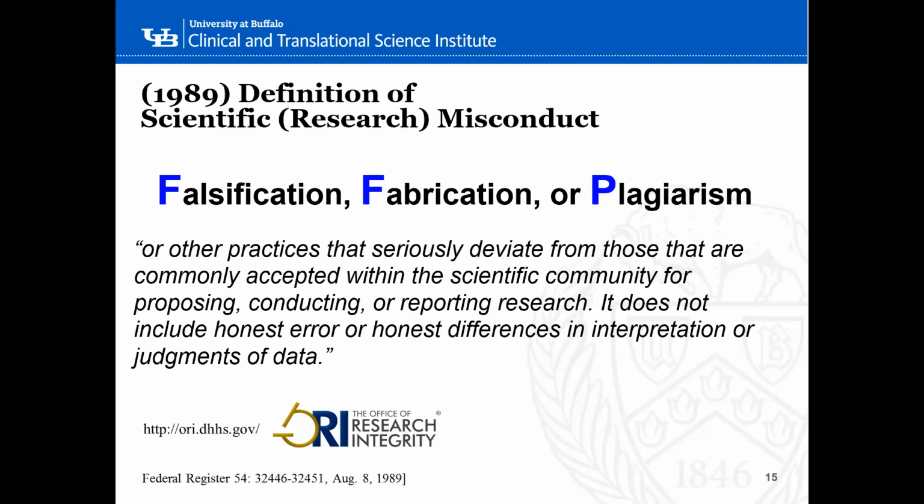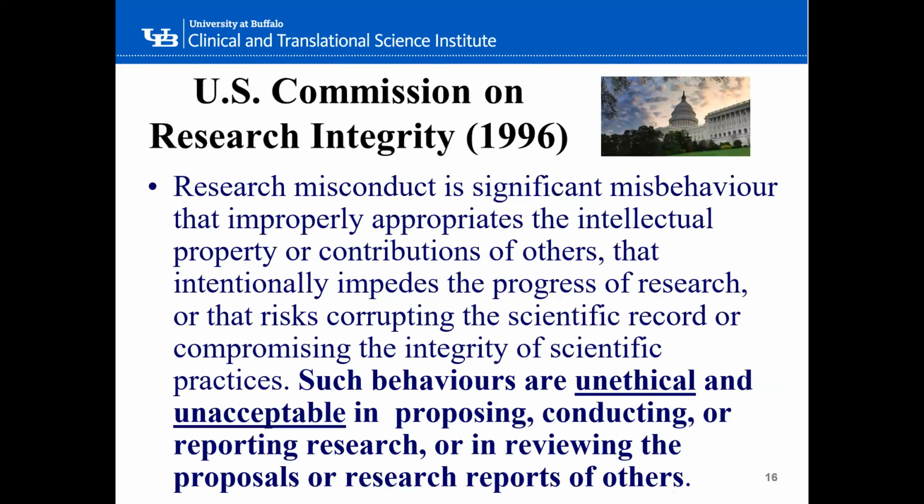Does not include honest error or honest differences in interpretation or judgments of data. So, FFP: falsification, fabrication, or plagiarism. We have to understand these terms, which we will define in a moment.